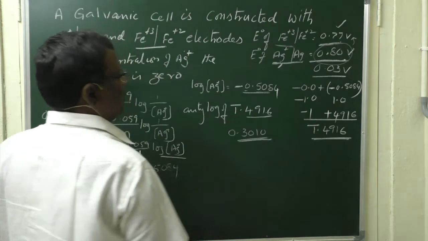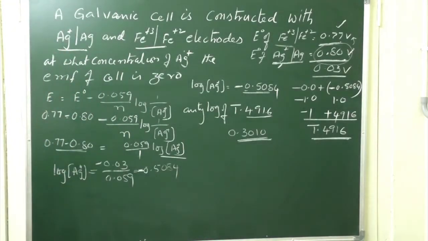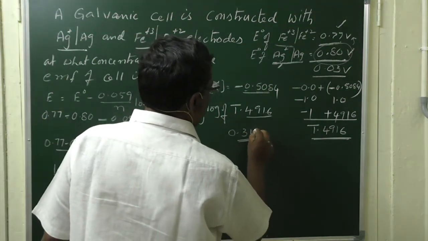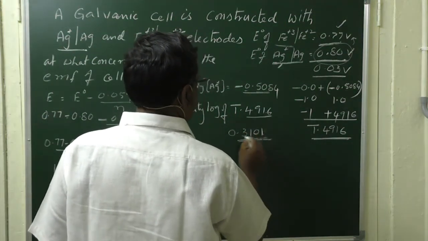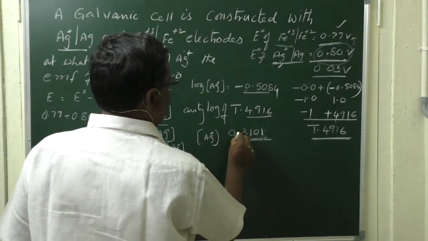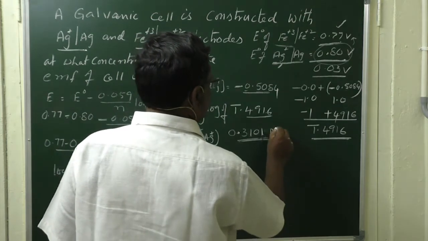This will be almost 3101, sorry, this will be 3101. So concentration of Ag plus ions is 0.3010 moles.